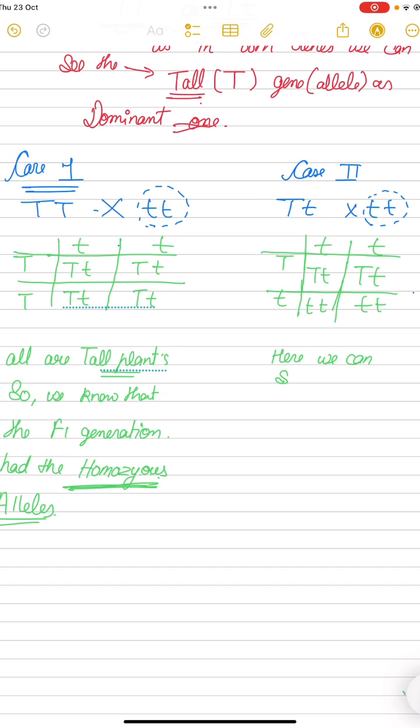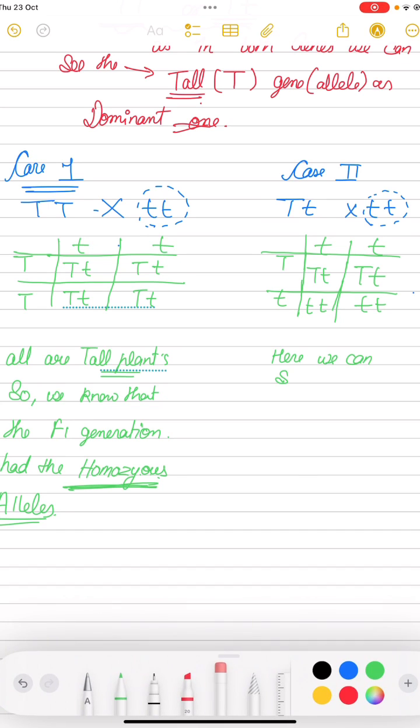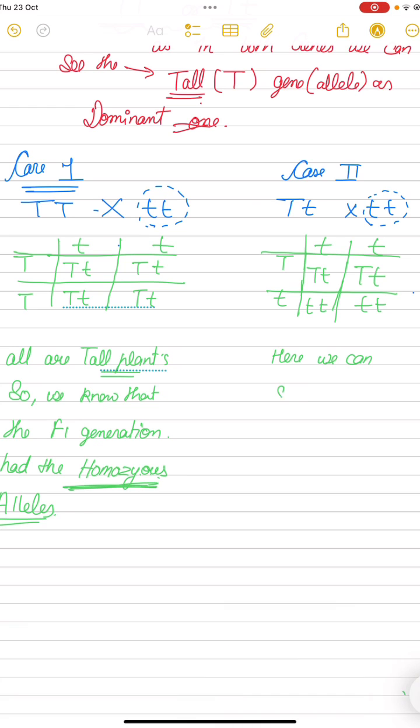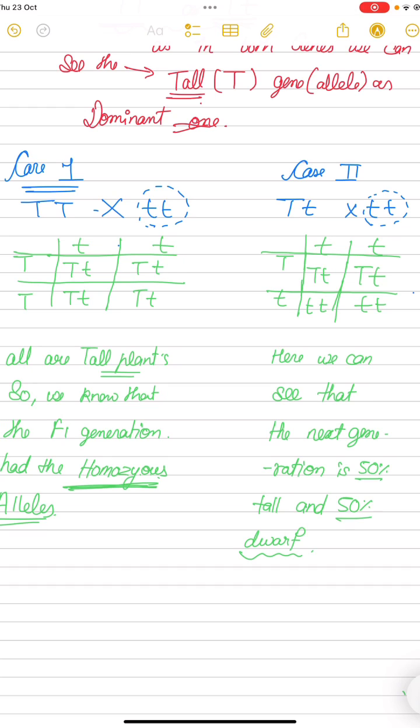So here we can see that the next generation in this hypothetical situation with the recessive parent is 50% tall and 50% dwarf, as the dominant allele is present in only 2 pea plants.